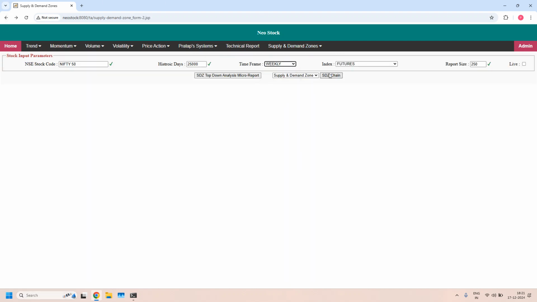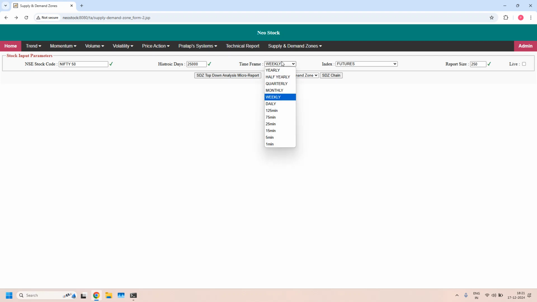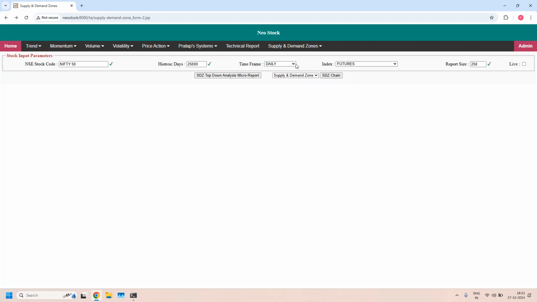Weekly supply demand zone chain for NIFTY. Next, daily supply demand zone chain for NIFTY. Next, 125 minute supply demand zone chain for NIFTY.